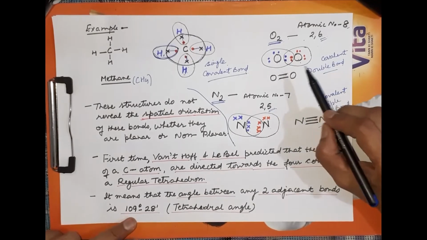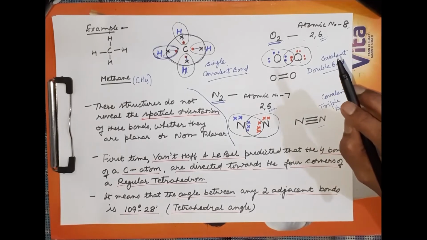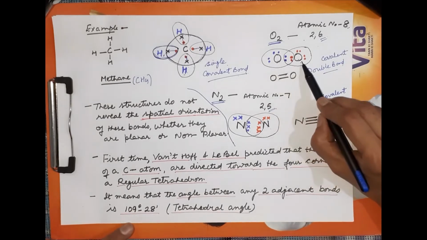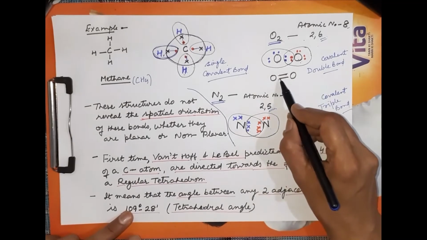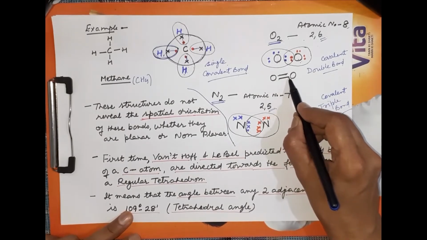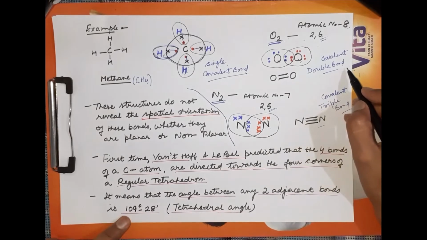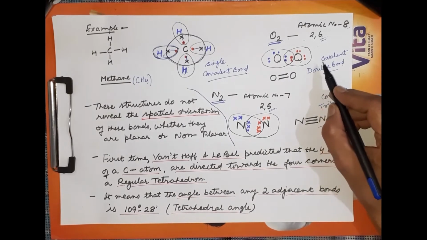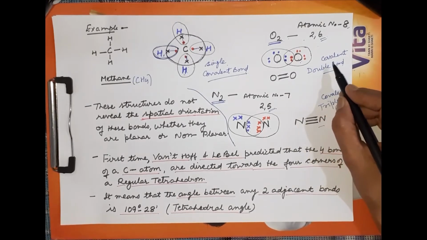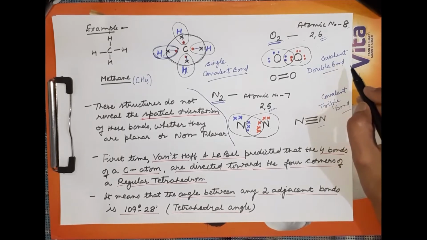Because there is a sharing of 2 pairs of electrons in oxygen, it is represented by these 2 lines and this is called the double bond. So oxygen is the example of having the double covalent bond.